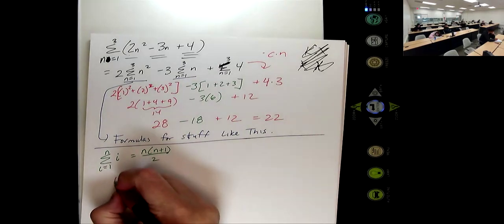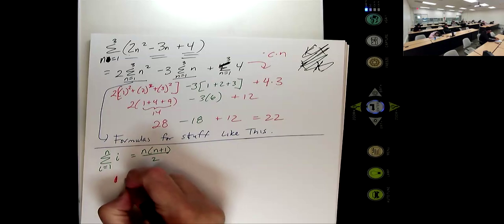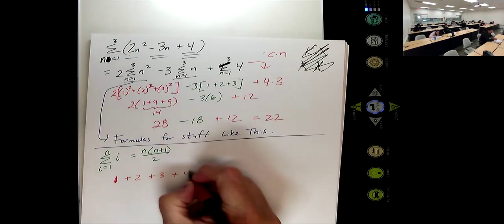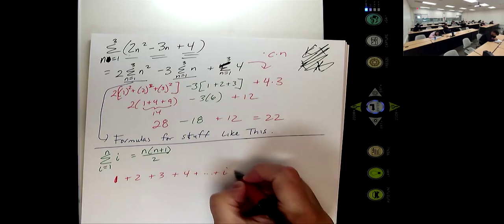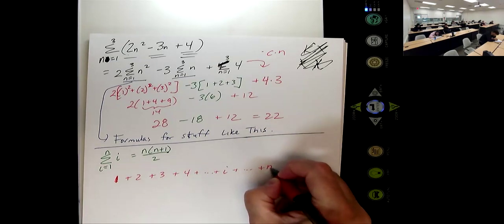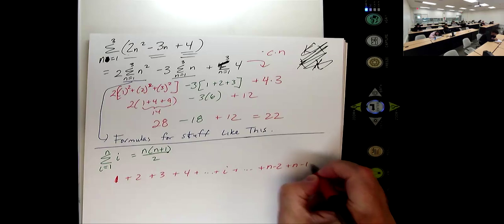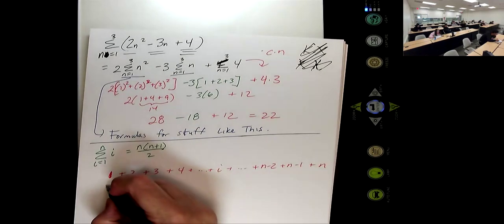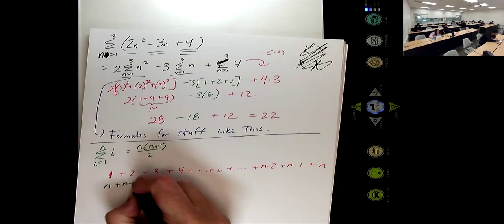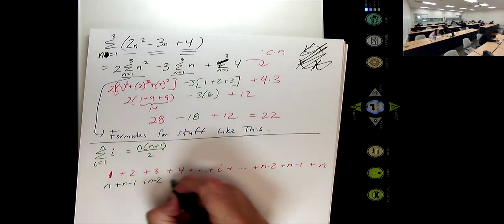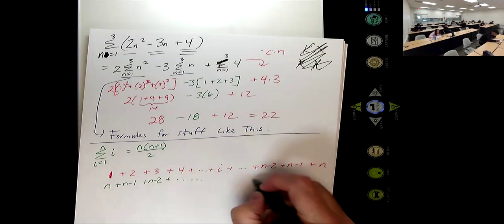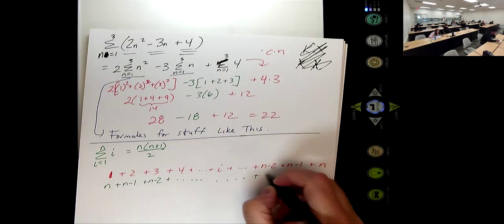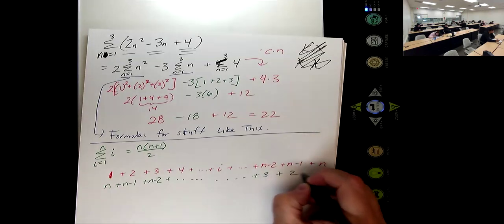So I could do 1 plus 2 plus 3 plus 4 plus I plus N minus 2 plus N minus 1 plus N. Now I'm gonna do it in the opposite order. N plus N minus 1 plus N minus 2, plus 3 plus 2 plus 1.